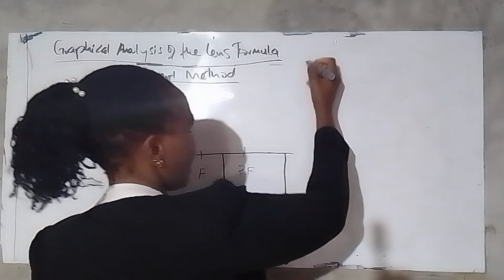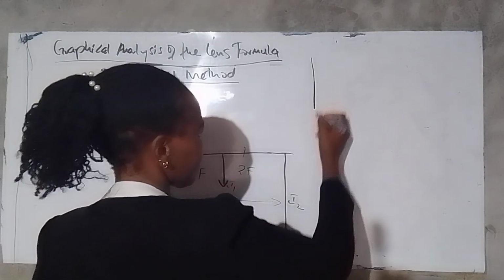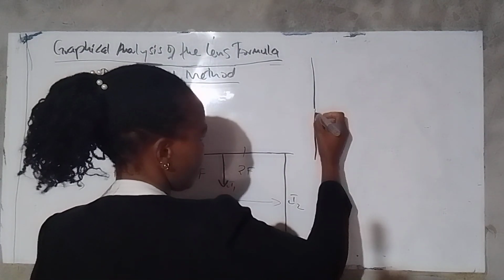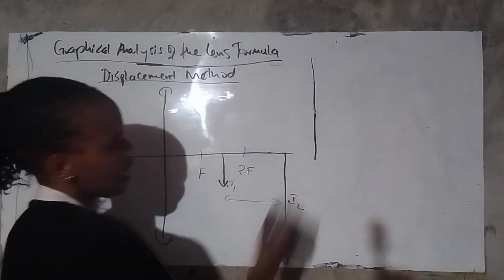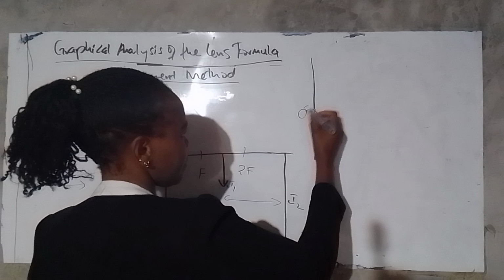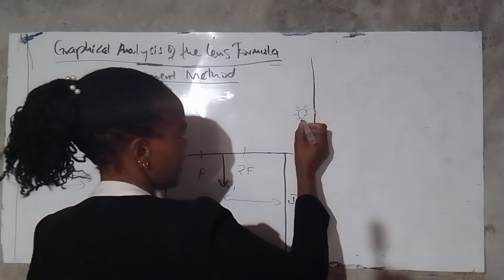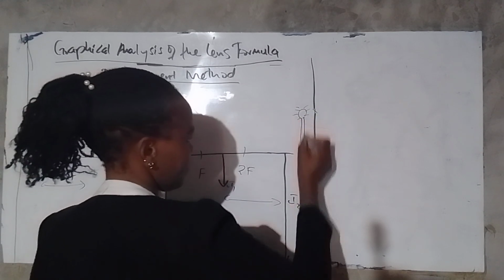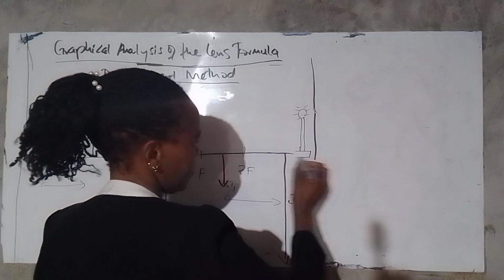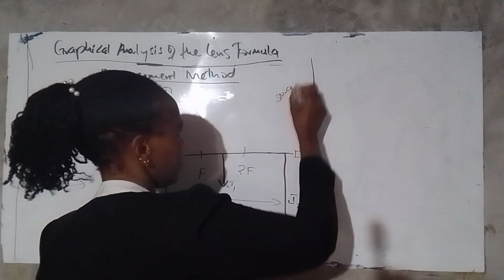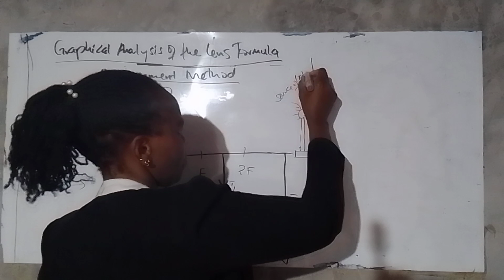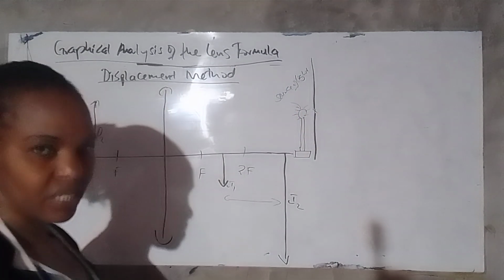Now, we have the object. Let's say I have a cross wire there as my object, and I'm going to light it. So I put something like a bulb, the source of light. What for? I want to illuminate my object.